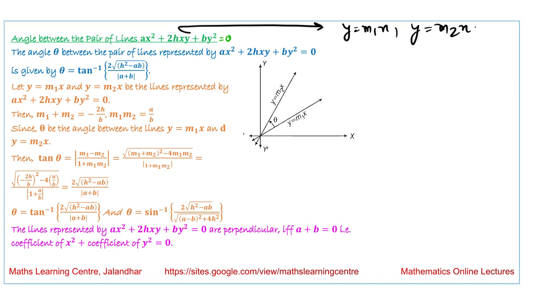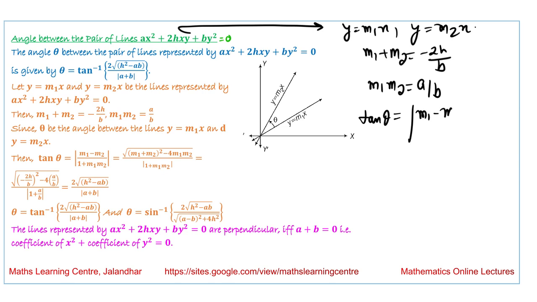Both these lines pass through the origin, and the value of m1 plus m2 is minus 2h by b, and the value of m1 into m2 is equal to a by b. If theta is the angle between these two, then tan theta is given by mod of m1 minus m2 divided by 1 plus m1 m2.